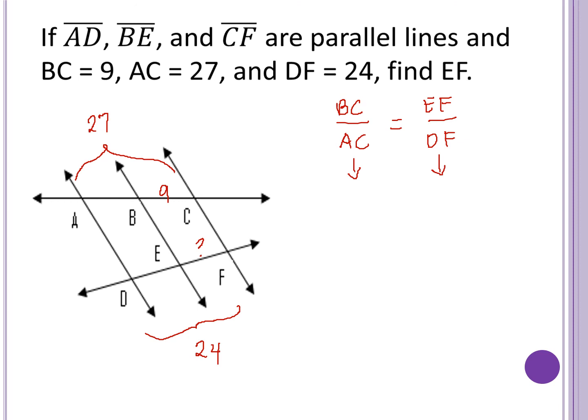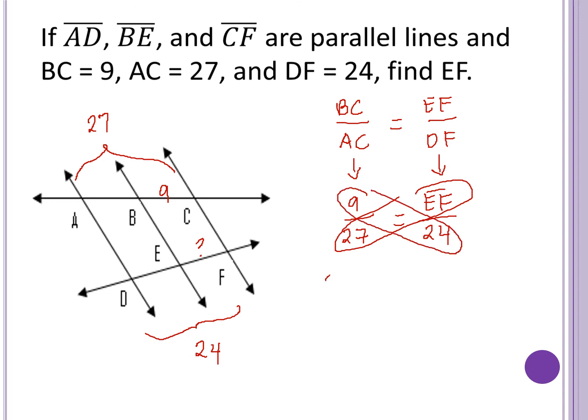Let us substitute. So BC is 9, AC is 27. EF is unknown, while DF is 24. Cross multiply. 27 times EF is 27 EF. And then 9 times 24 is equal to 216.